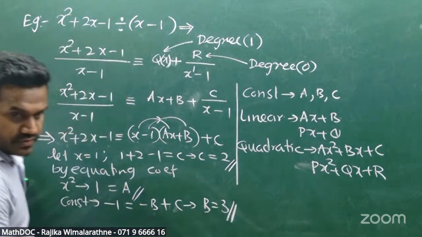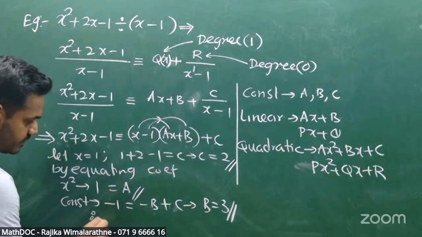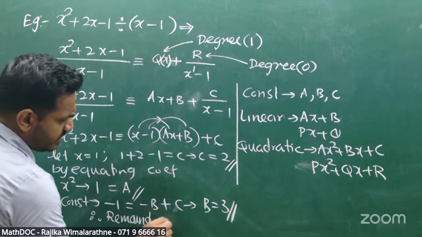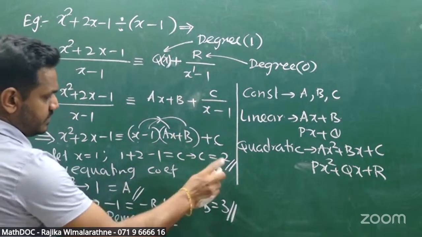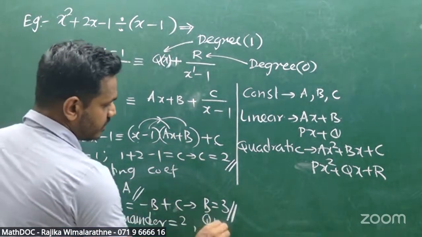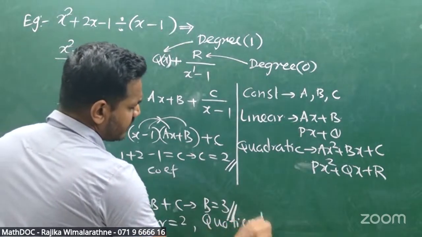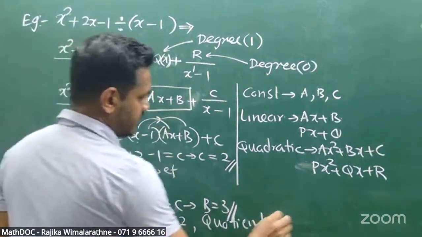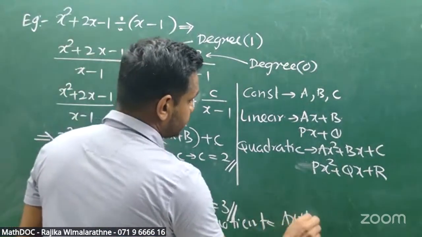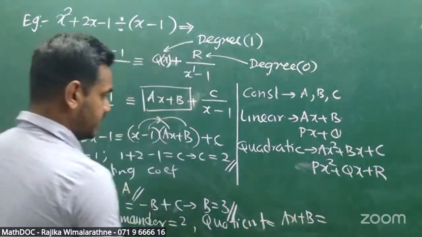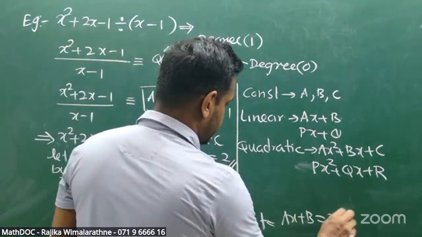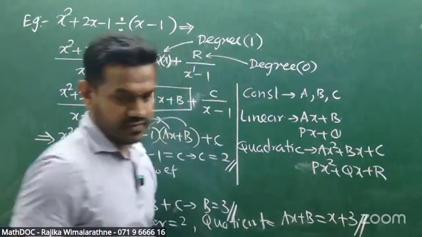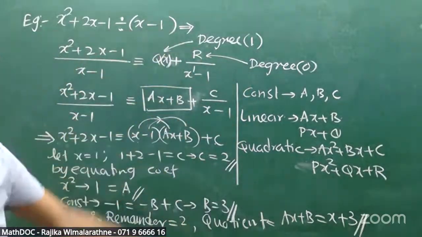Therefore, you write the remainder and quotient. The remainder is c, and the quotient is ax plus b, where a is 1 and b is 3. That's how we get it. Okay, do that example.